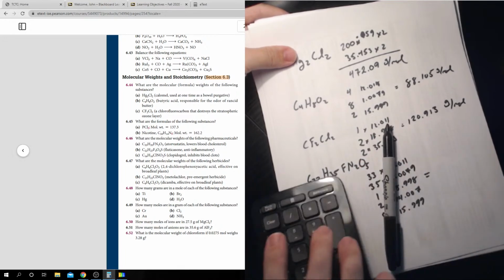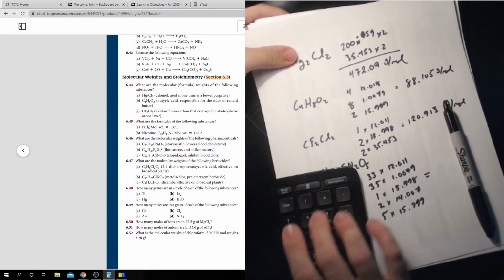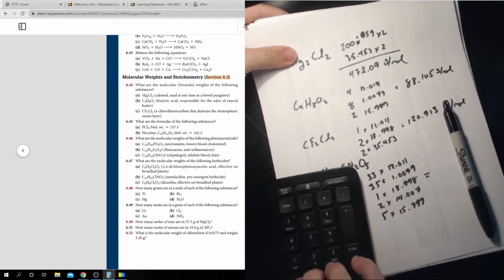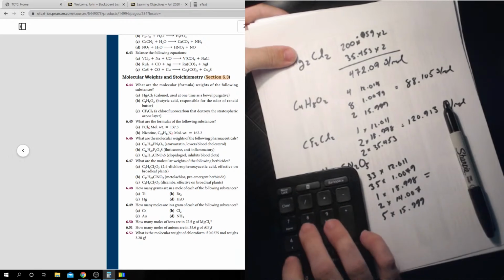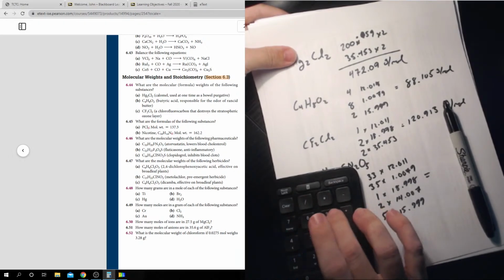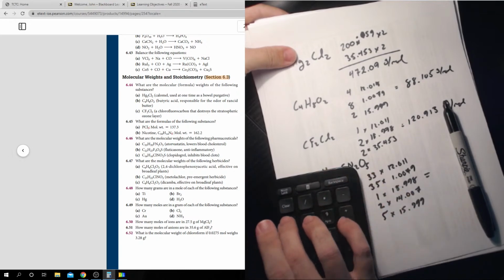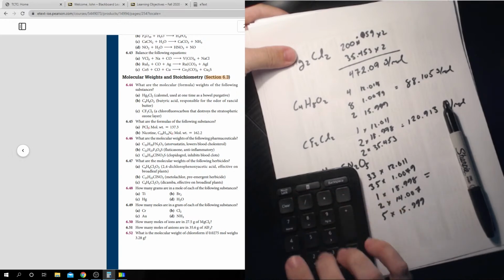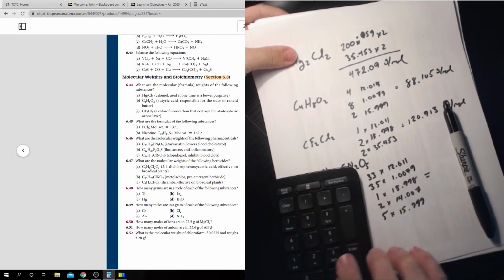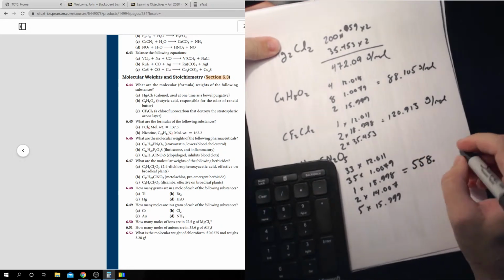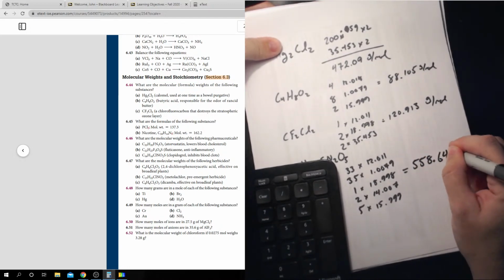All right, calculator, do your work. 558.646 grams per mole.